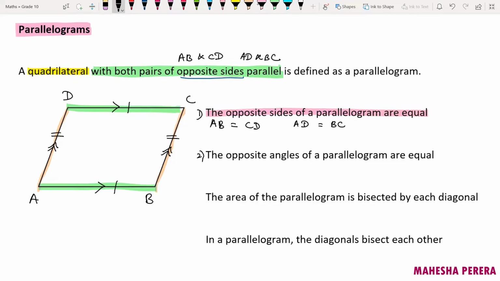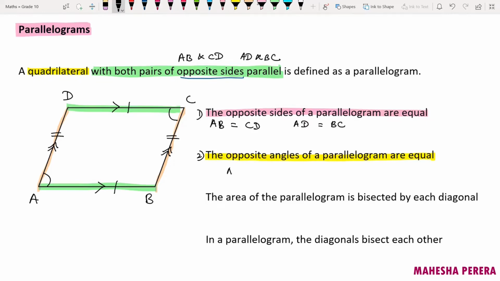Then the next point. The opposite angles of a parallelogram are also equal. So what are the opposite angles here? Now, if you consider this angle and this angle, these are opposite angles. So these two angles are equal in magnitude.